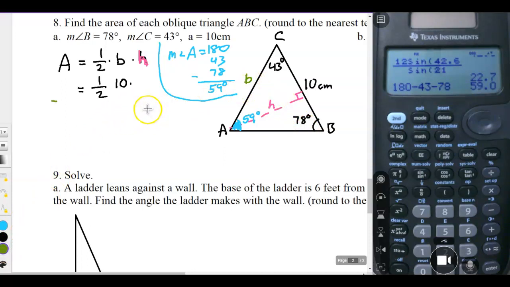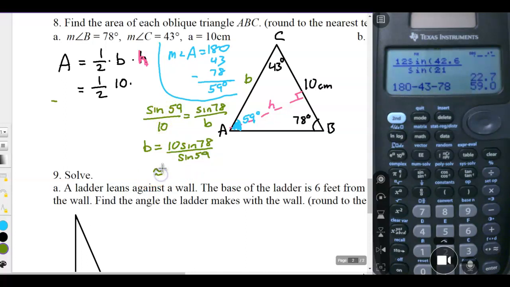So I can do law of sines: sine of 59 over 10 will equal sine of 78 over B. All right, so B equals 10 times sine of 78 over sine 59.